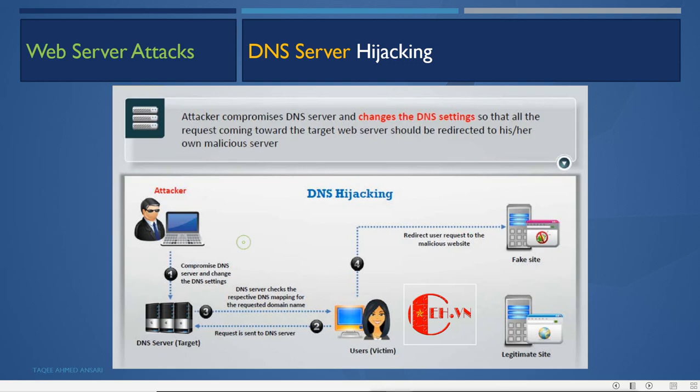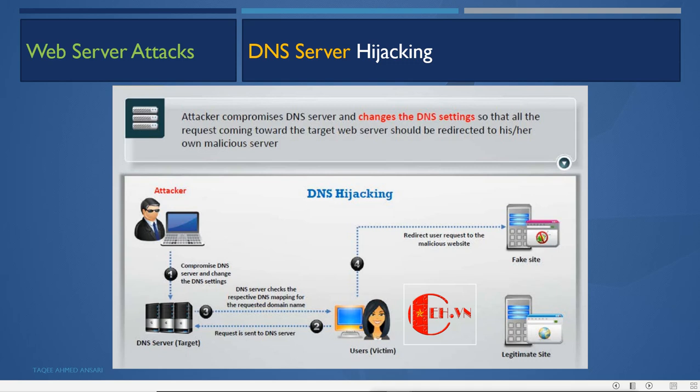So the attacker compromises the DNS server and changes the DNS server settings. It can be done by using a DHCP attack and configuring the user with a fake DNS server, then other DNS attacks like cache poisoning. Then the DNS server checks the respective DNS mapping for the requested domain name.